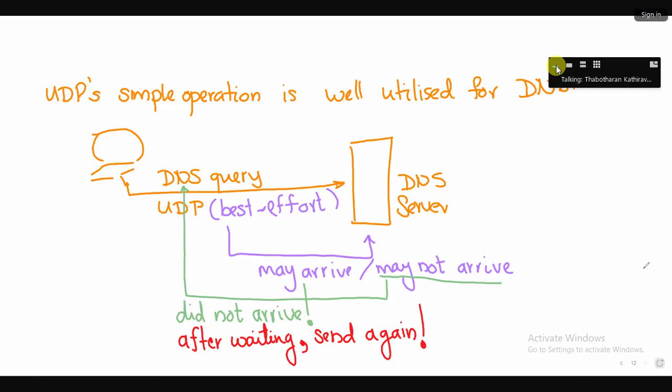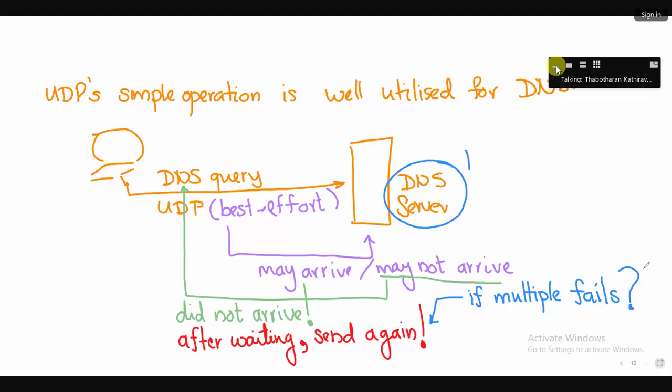So naturally people can ask, if you fail multiple times and you don't get a reply, then what do we do? We are talking about DNS servers: root servers, top level domain servers, or authoritative servers.